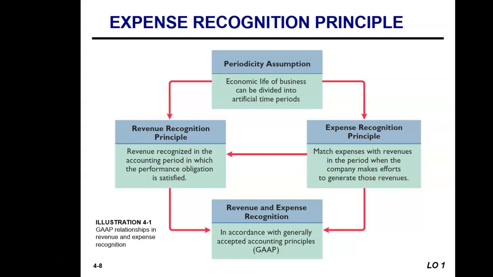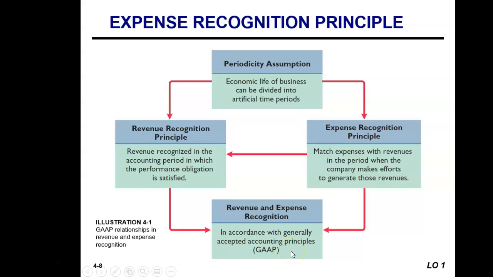So we talked about three different principal assumptions: the periodicity assumption, the revenue recognition principle, and the expense recognition principle. We can combine these two together and call it the revenue expense recognition in accordance with generally accepted accounting principles.